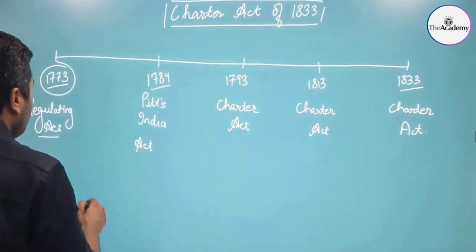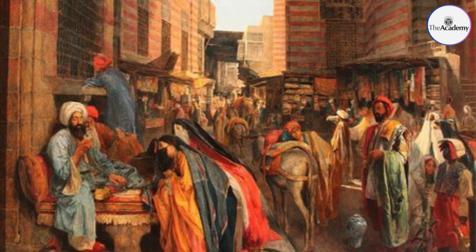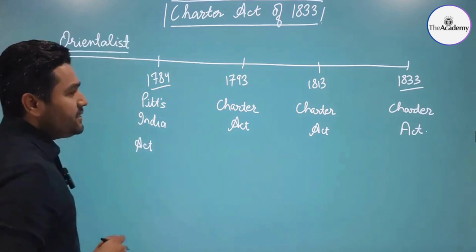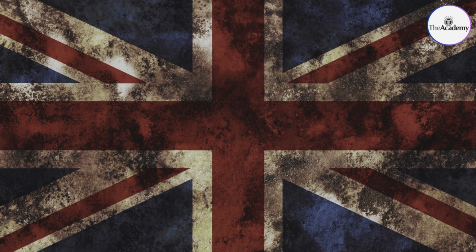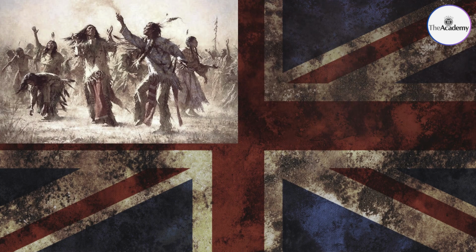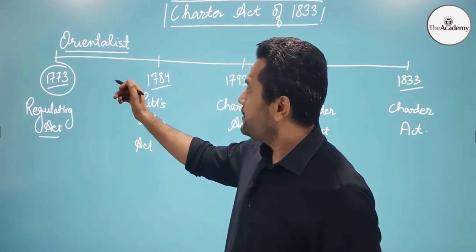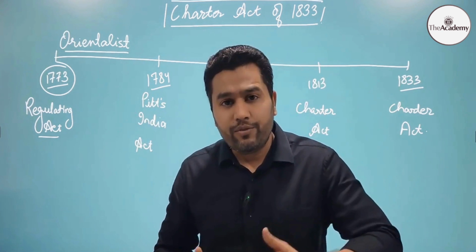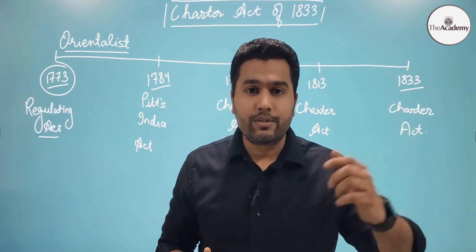This ideology or this time period, which was characterized by Orientalist approach, witnessed an attempt by the British to understand the native customs, language and tradition. And here, this Orientalism produced knowledge of India to suit the objectives of the English.